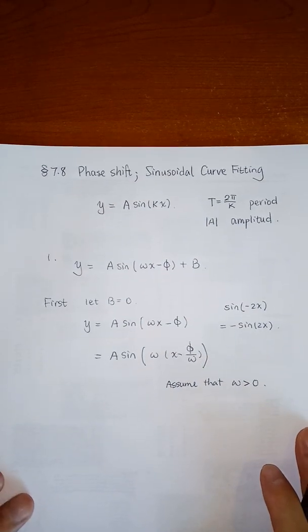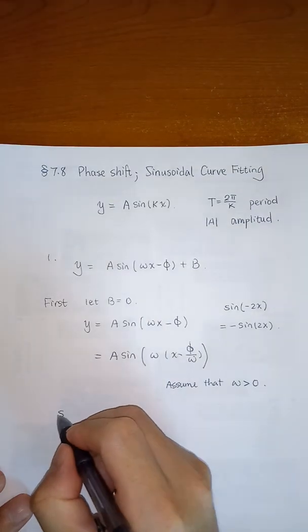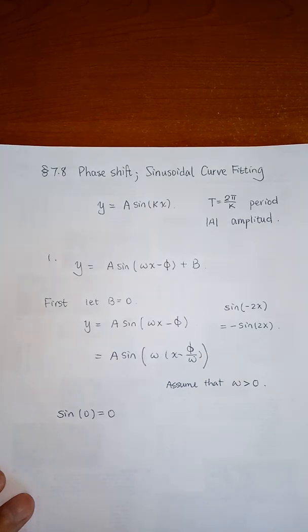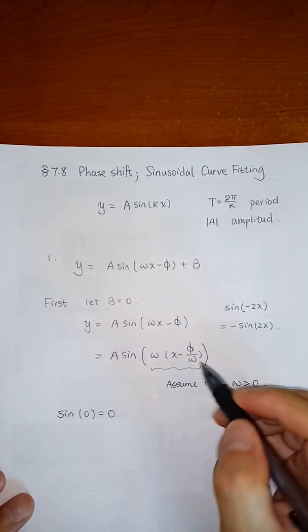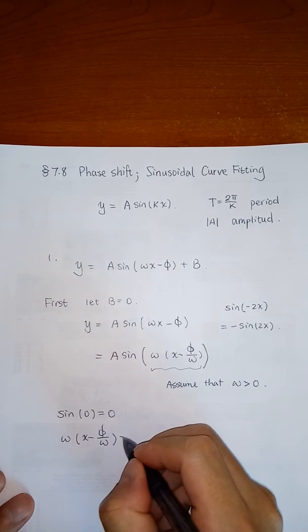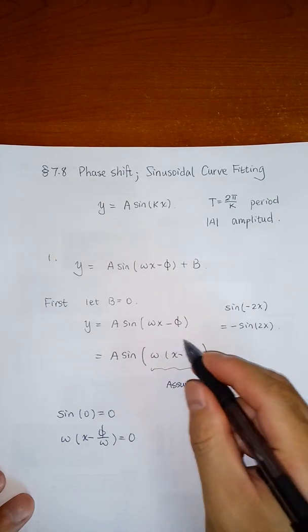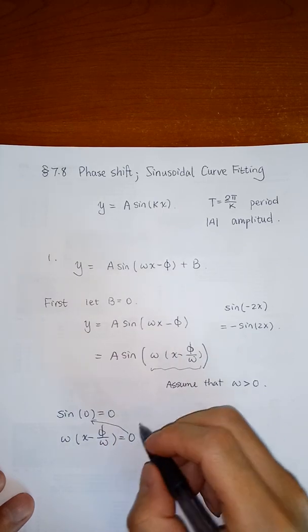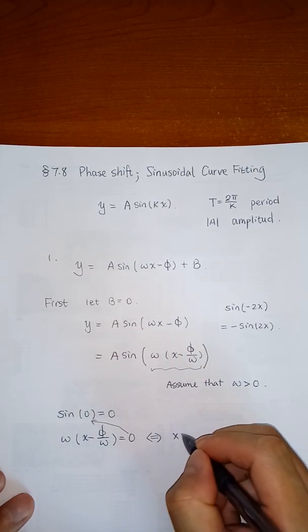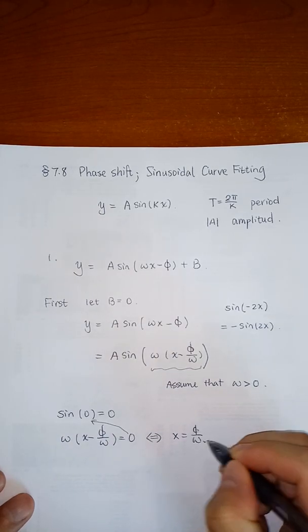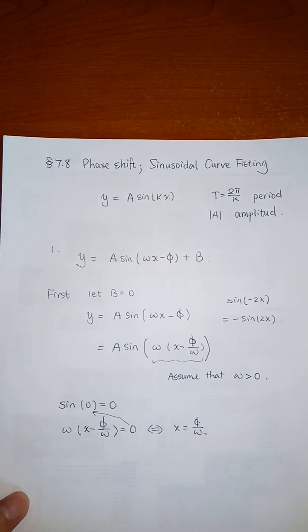Okay, so let's check. We know sine 0 is 0. And this time, if we want omega times x minus phi over omega equal to 0, this whole complex stuff is the input. If the input is equal to 0, you solve it, x minus phi over omega is 0. So x is phi over omega.